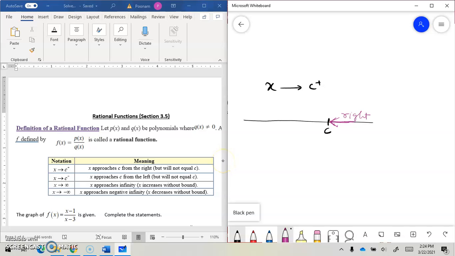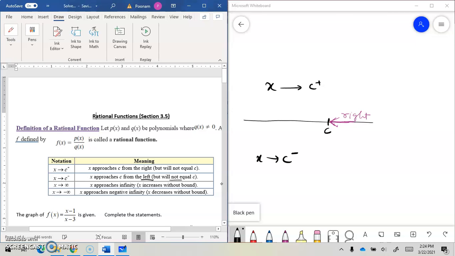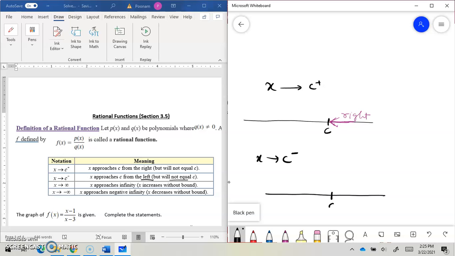Okay, then we have x approaching c negative. This negative on top means that x is approaching c from the left side but will never be equal to c. So on the number line, if there is a value c, x approaches c from the left side, it gets very close to c but never actually turns into c.